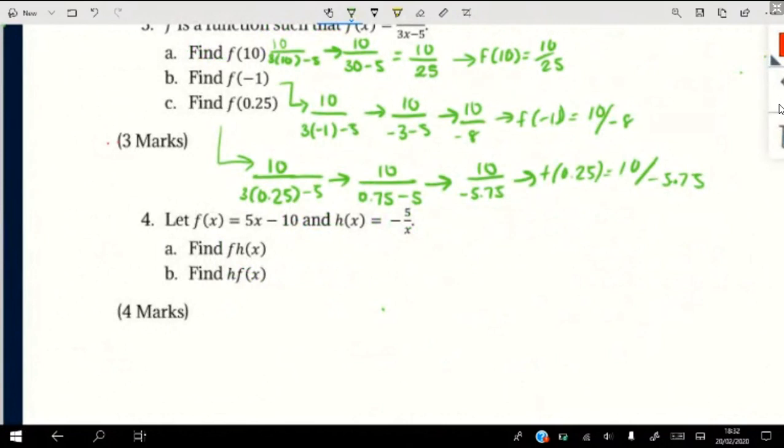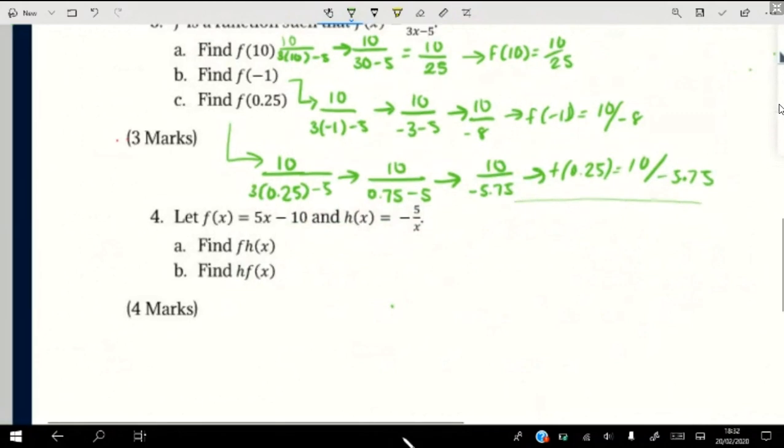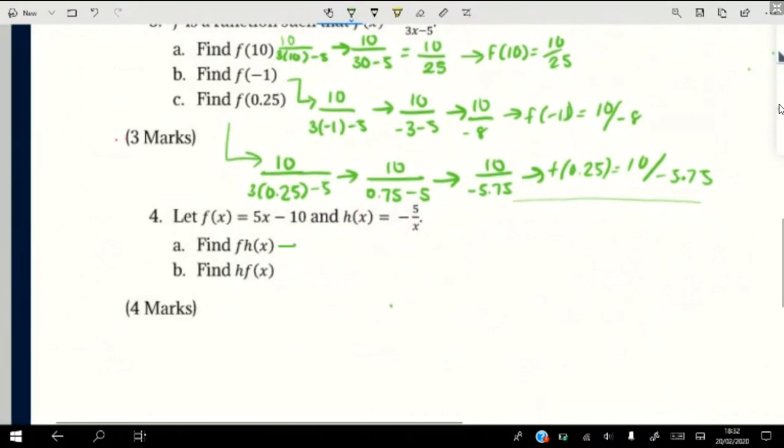Okay. So, wait a minute. These two are correct, but for the last one, it's 0.25. So 3 multiplied by 0.25 is... Okay, 0.75 minus 5.